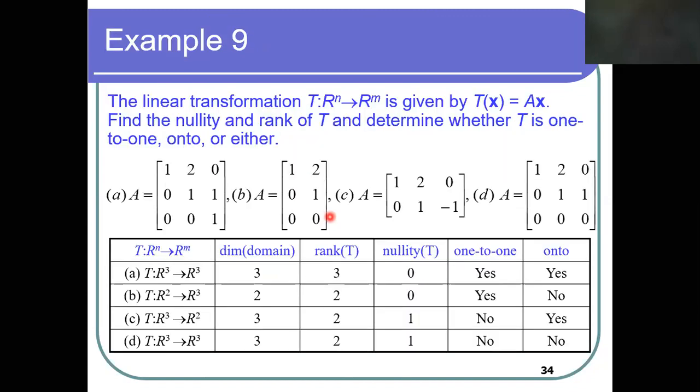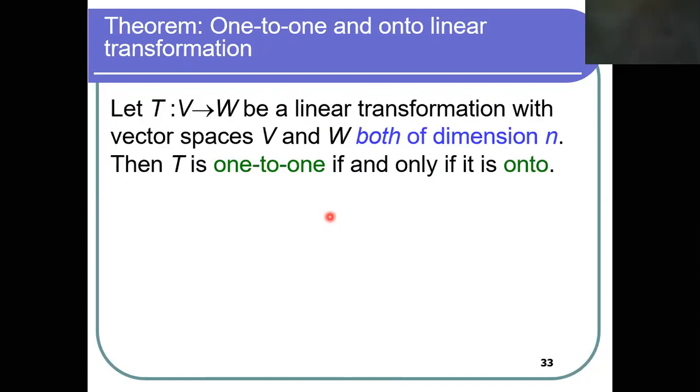Let us see another result: under what condition a linear transformation is both one-to-one and onto. If V and W have the same dimension, that is, V is of dimension n and W is also of dimension n, then T is one-to-one if and only if it is onto.